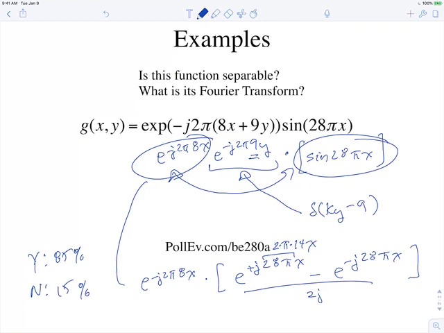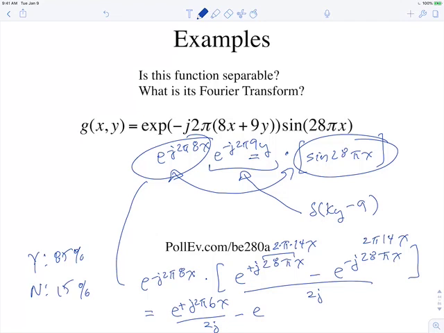So let's think about e to the minus j 2 pi 8x times e to the j 28 pi x. That first term is going to give us e to the minus j 2 pi, 14 minus 8, so plus 6x, over 2j, minus the second term, which is 2 pi 14x with the minus, so minus 22.